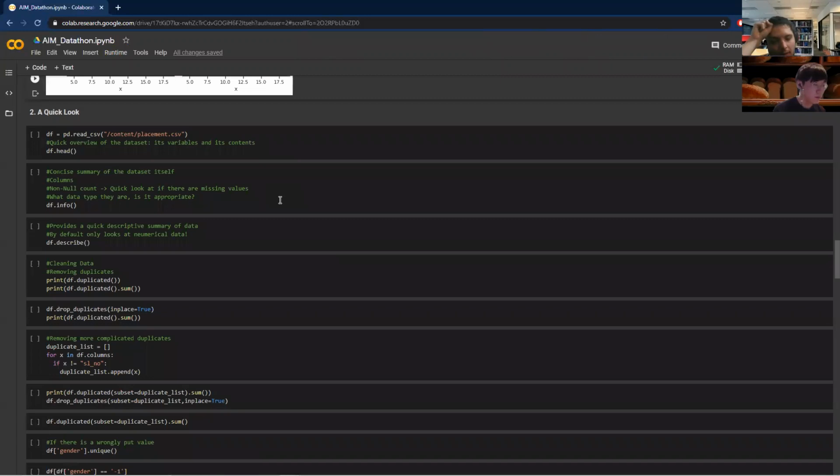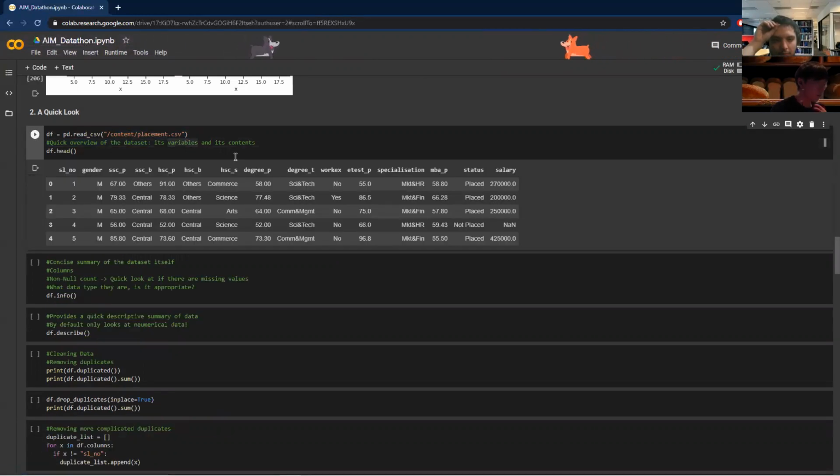However, that doesn't mean it's not important to look at the numbers too. So we'll have a quick look at how you can explore a data set. I won't be using the heart disease one because that's for the Datathon and for you guys to look through. I will be using this other data set of placement data.